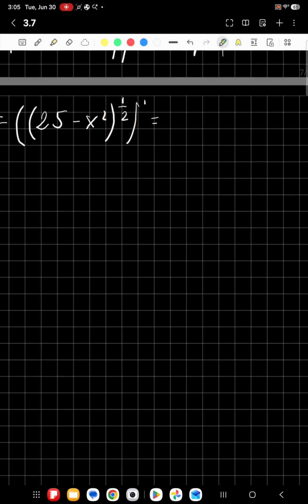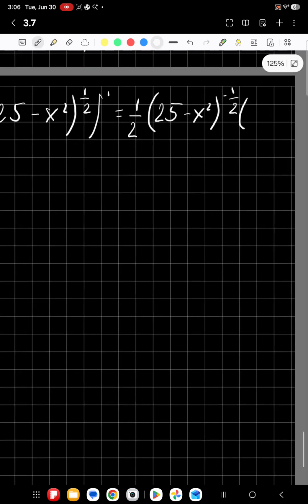So the half goes to the front. Then I rewrite the inside function. Then we have half minus 1, so it's going to be negative half. And then times derivative of the inside, right? So the inside function is negative x squared. So times minus 2x.